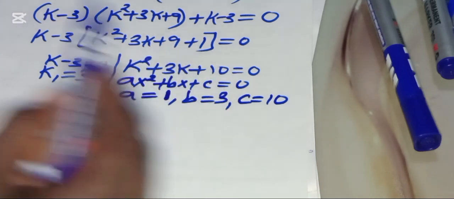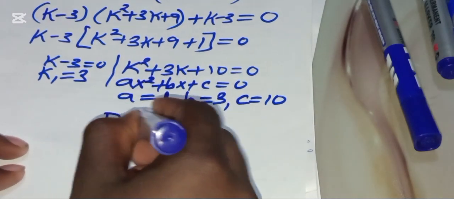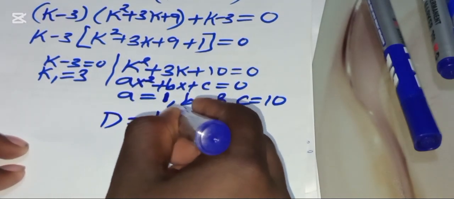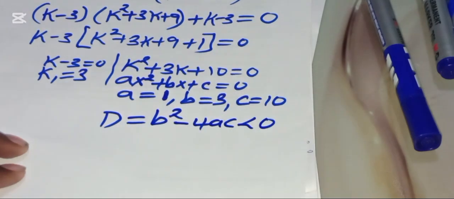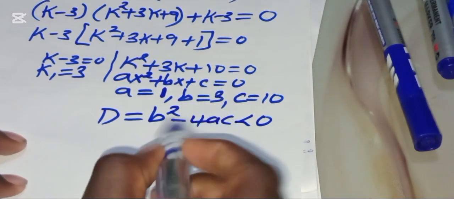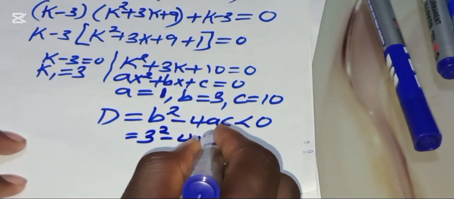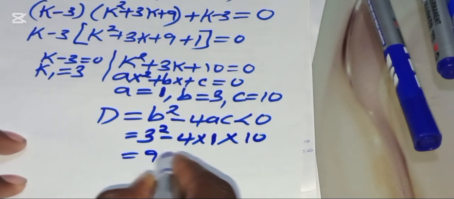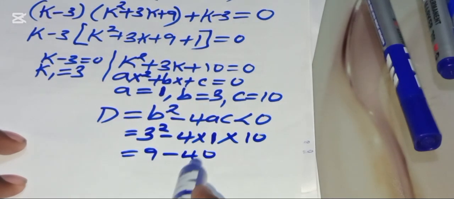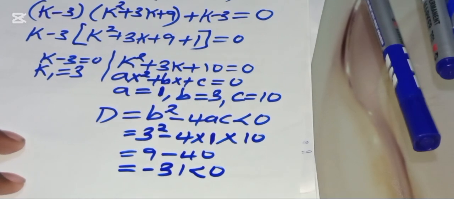Now, from this quadratic equation, we can assess the nature of the roots by determining the discriminant value, which is expressed as b squared minus 4ac, and let's see if it is less than 0. Our b is 3, so this is 3 squared, subtract 4 times a, which is 1, times c, which is 10. So this is 9 subtract 40, which is negative 31, less than 0.